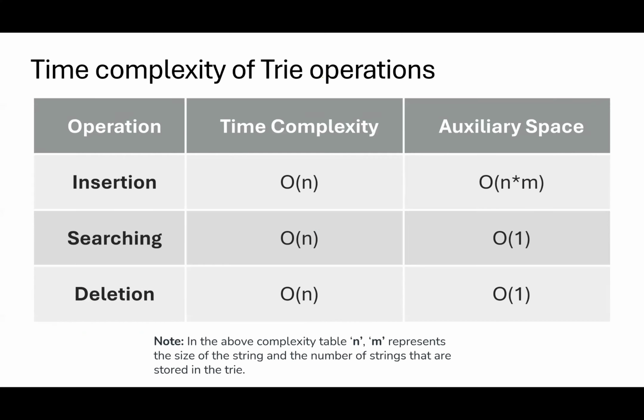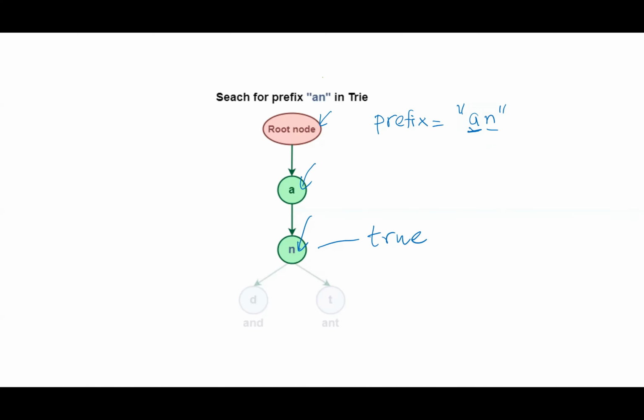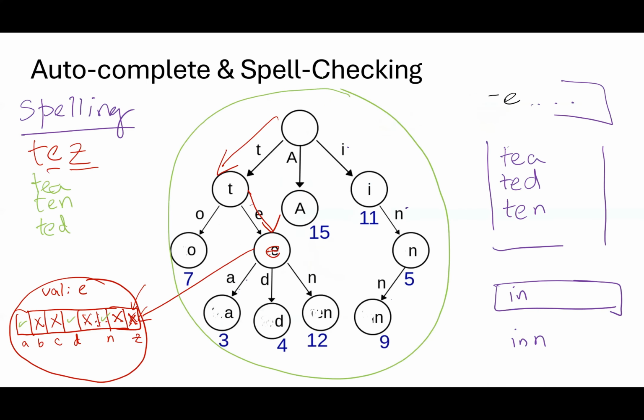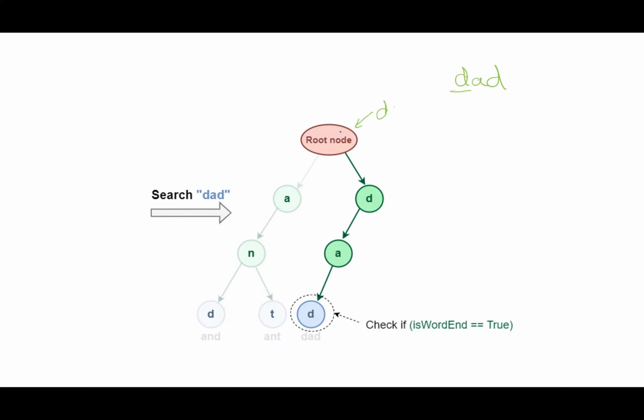Okay, so what is the time complexity of the trie operation? Well, it's pretty simple. When we are looking for, say, dad, we go to the root node and ask, do you have a child with D?